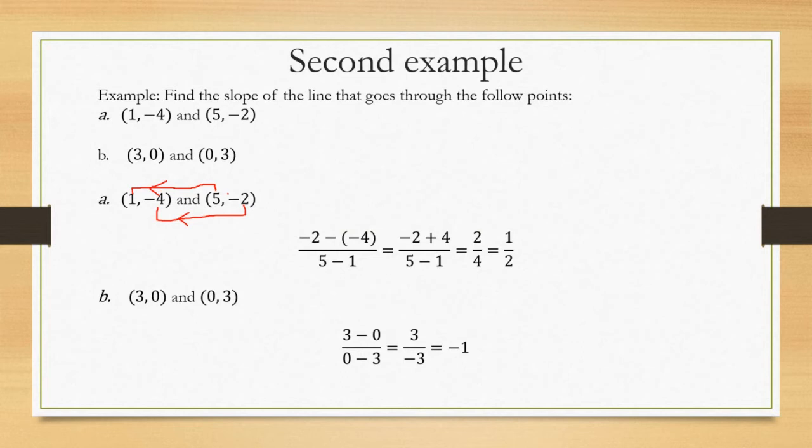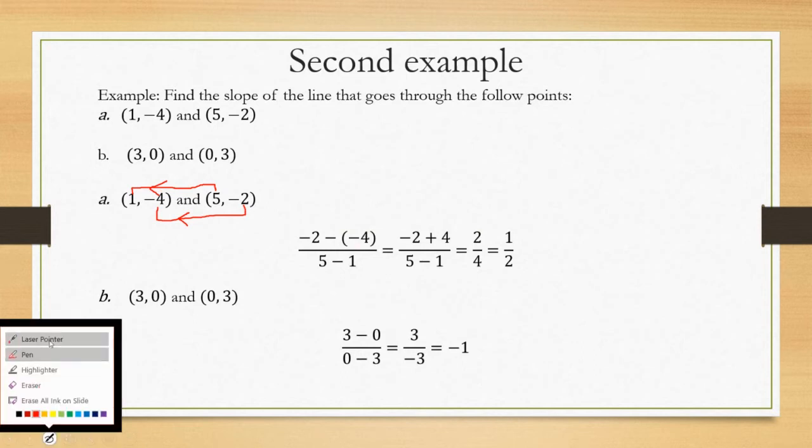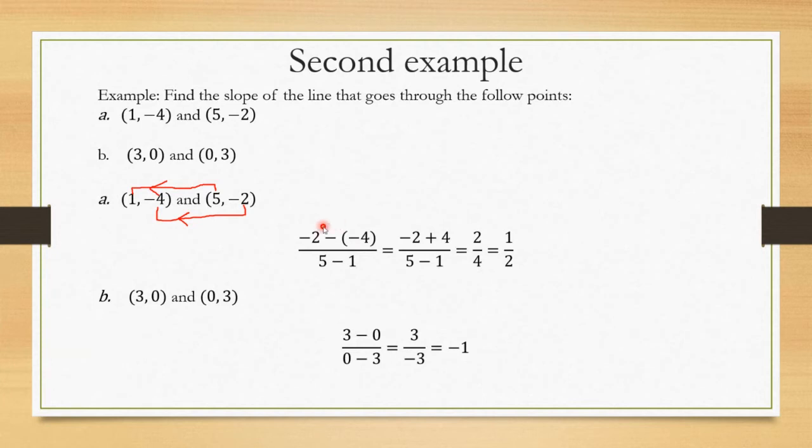Again, we have change in y, -2 minus -4, divided by the corresponding change in x. We did from the second point to the first point, same thing for the x coordinate, 5 minus 1.